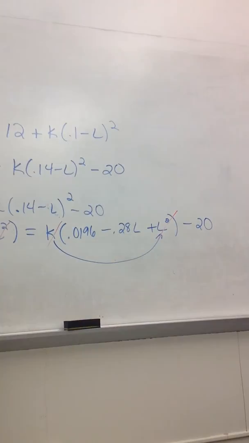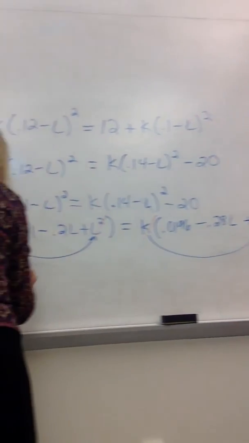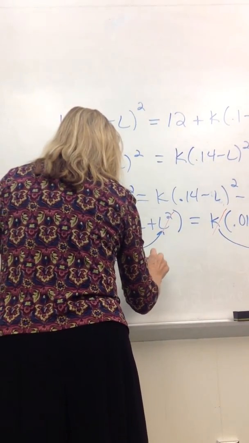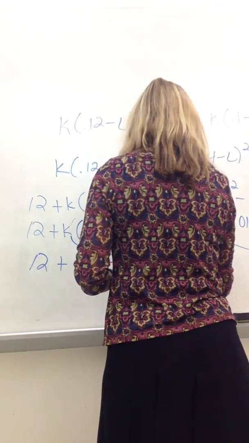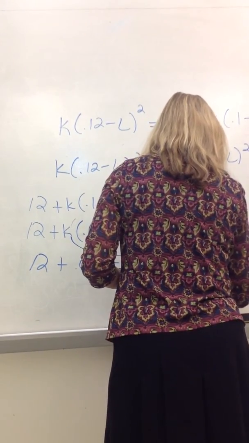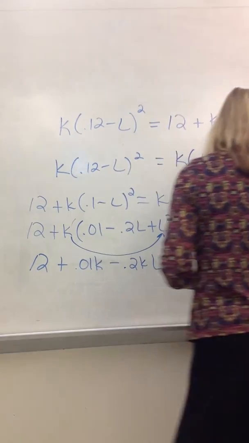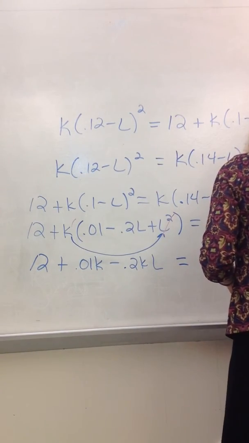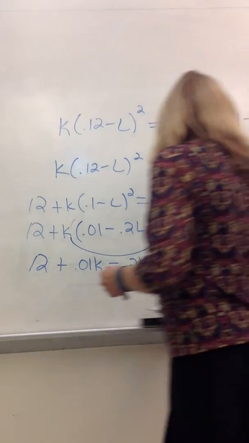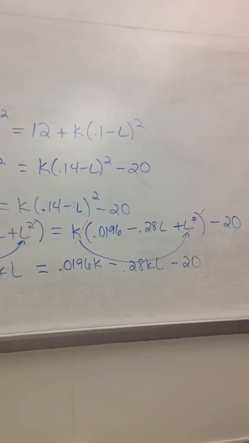So then, we can at least have equals 0.0196 K minus 0.28 KL minus 20.